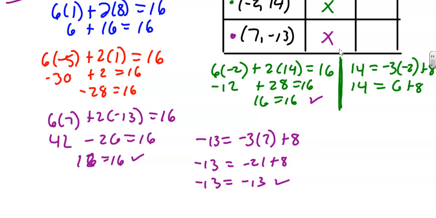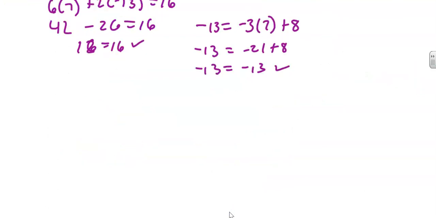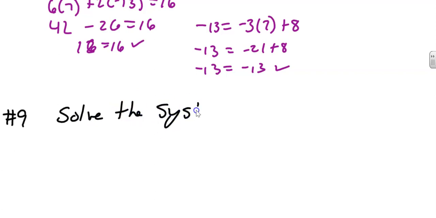Okay, the next two problems are actually how you would want to solve a problem like that where you had the system. So this one tells you to solve the system by substitution.